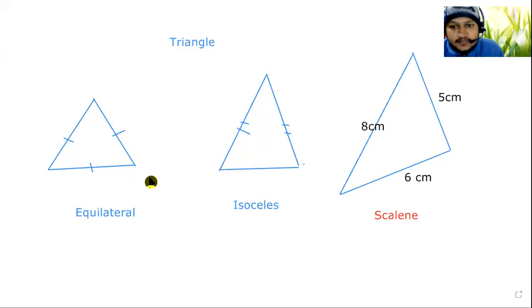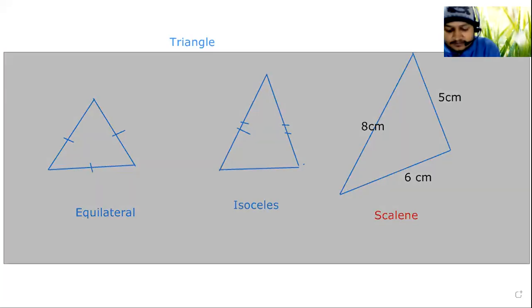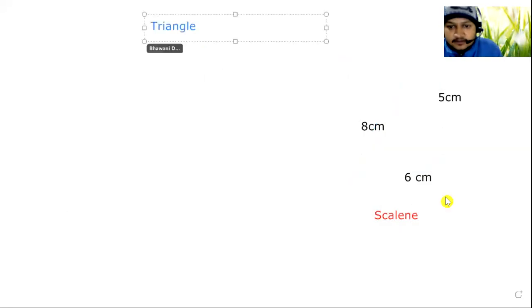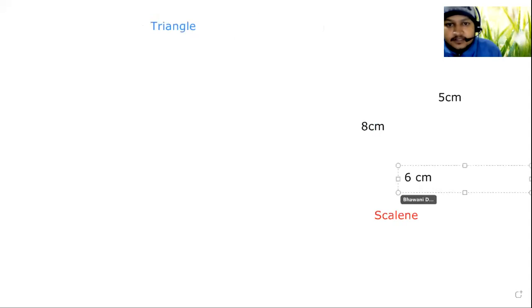Again, we have to discuss 3 more types of triangle, that is according to the angles. Just now we discussed the triangles according to the sides. According to sides, the first is the equilateral triangle, next is the isosceles triangle and the third one is the scalene. Similarly, according to the angles, again there are 3 types of triangles.